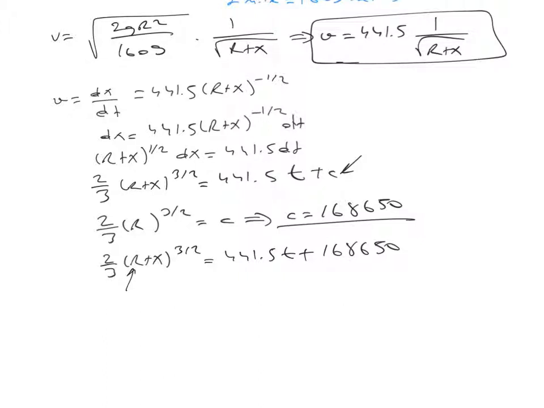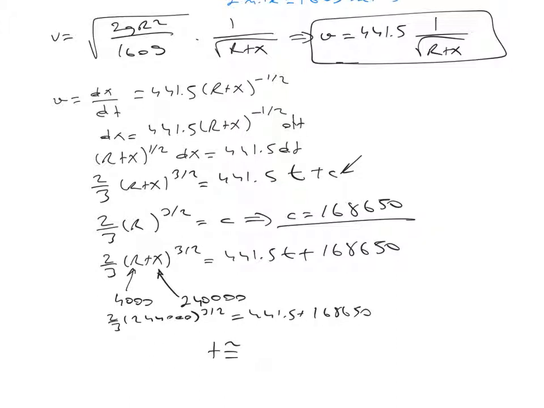Here R is equal to 4000 and x is equal to 240,000. So our equation is, and if you solve this equation, you will see that t is roughly equal to 50.45 hours.